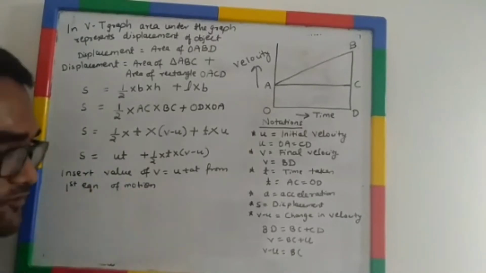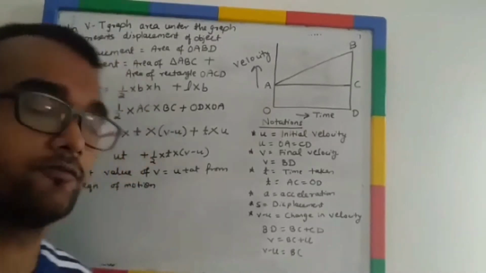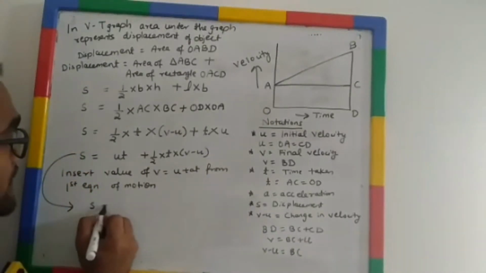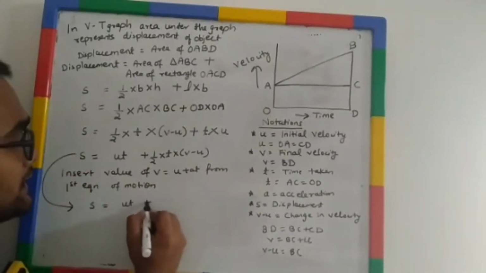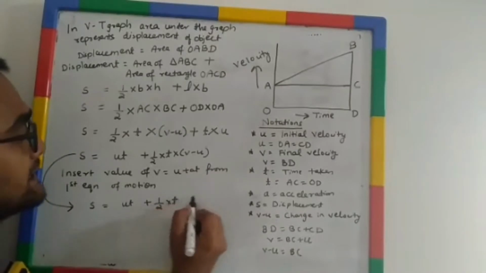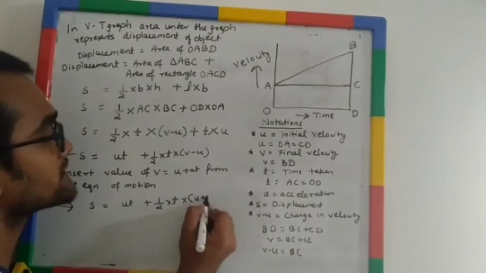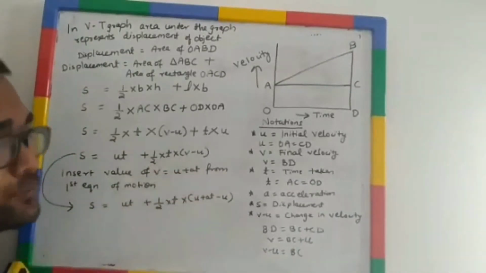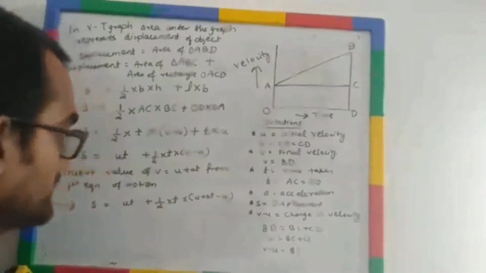As in the second equation of motion, there is no requirement of V, this will become S is equal to ut plus half into T into U plus AT minus U. In place of V, I have inserted U plus AT from the first equation of motion.